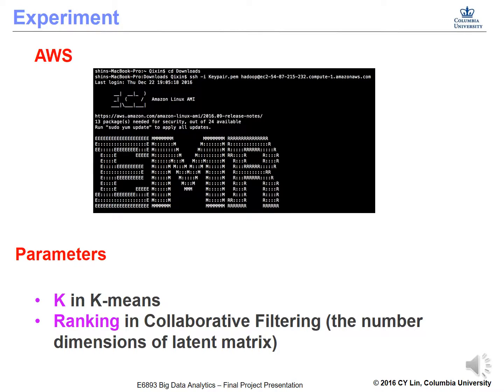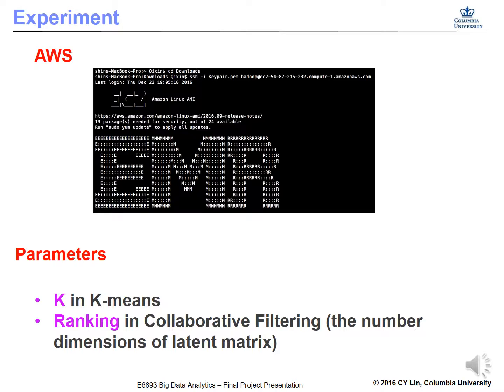We did all the experiments in AWS because the dataset is too large and it takes a long time to run locally. And basically we have 2 parameters to tune. One is that we need to decide how many clusters we need to divide the dataset into. So we do experiments to decide the k in k-means. And another one is the rank in collaborative filtering.